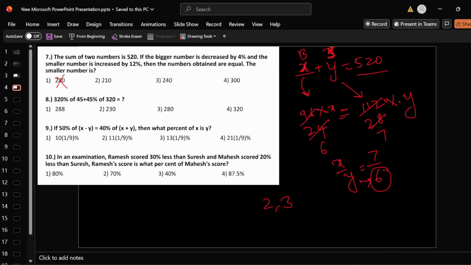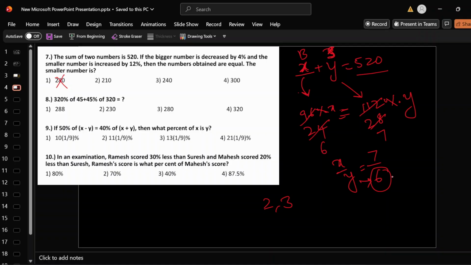So there is no chance for the answer 280. And 210, 240 have a chance. Out of these, only one can be the answer.